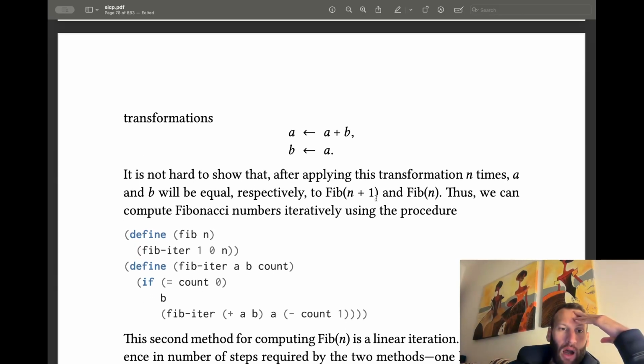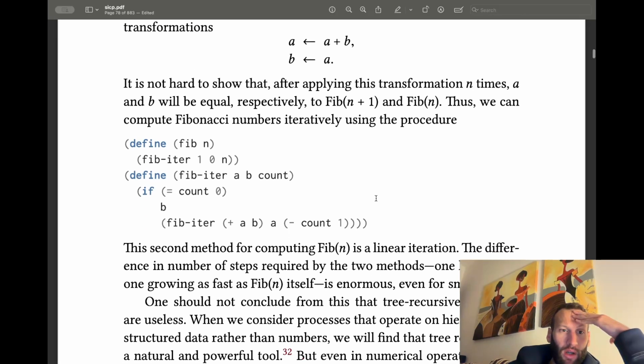It is not hard to show that after applying this transformation n times, a and b will be equal, respectively, to fib of n plus 1 and fib of n.